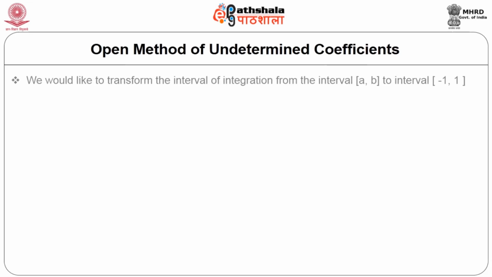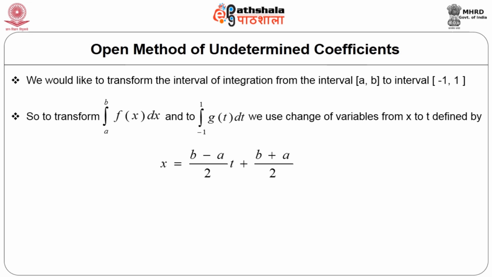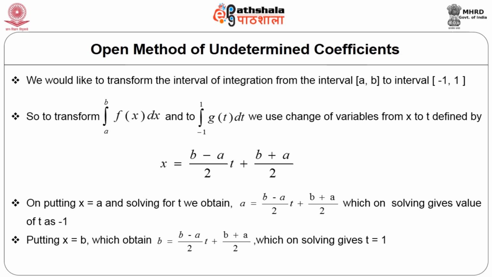Now, these equations which we shall obtain are non-linear in nature. So, for our convenience in solving these non-linear equations, rather than working with the general interval of integration a to b, what we do is we transform this interval of integration from a to b to a simple symmetric interval, minus 1 to 1.